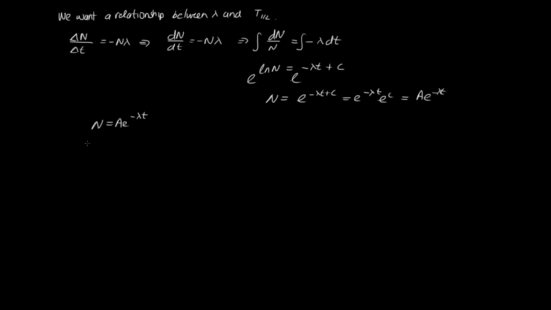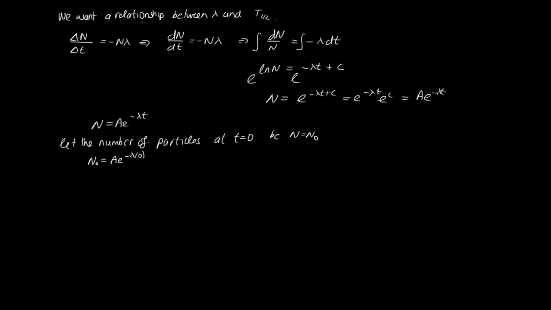Now, it's standard notation to let the number of particles at t equals 0 be N is equal to N0. So we can substitute this into this expression to find out what our constant A is. So at t equals 0, we've got N0 is equal to A e to the minus lambda times 0.